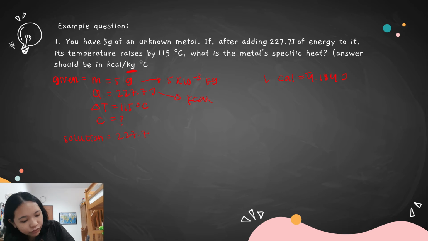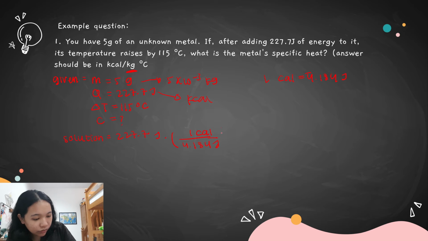227.7 joules times. So we need to cross out the joule, over 1 calorie equals to 4.184 joules. So we can cross out the joule, and then we do division, which gives us 54.42 cal. So our calorie needs to be changed into kilocalorie.